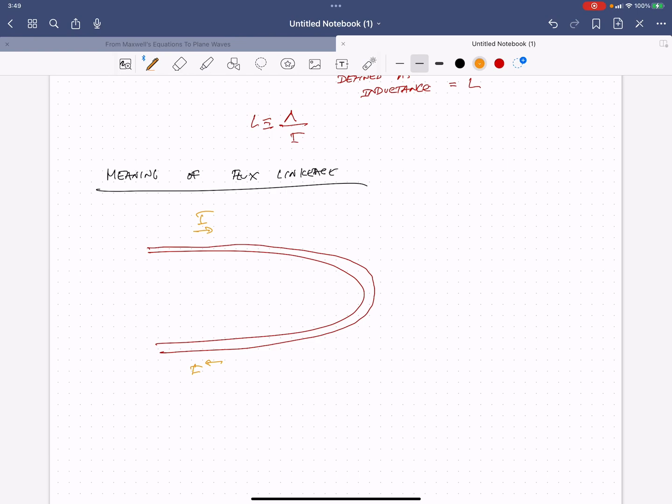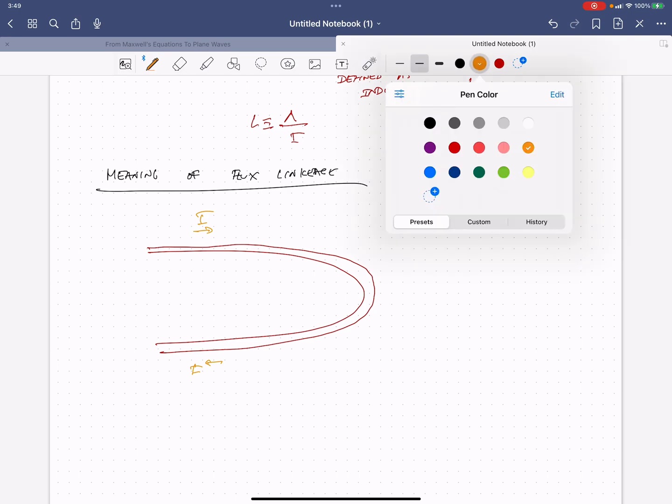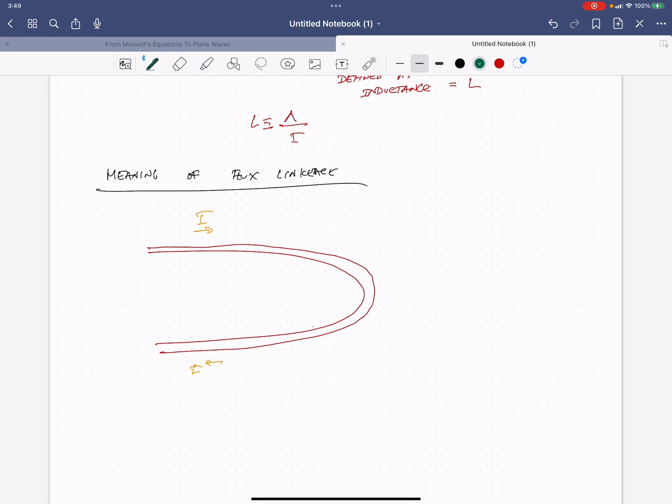Now imagine a ring that's coming through, where I've got an opening in the ring when it's enclosing this wire. So here it's not enclosing the wire.